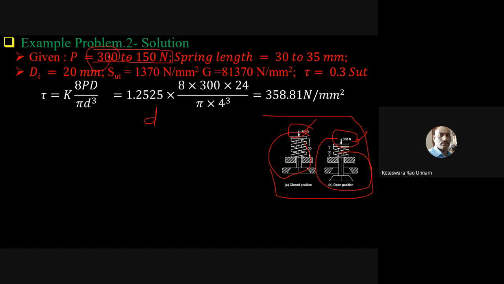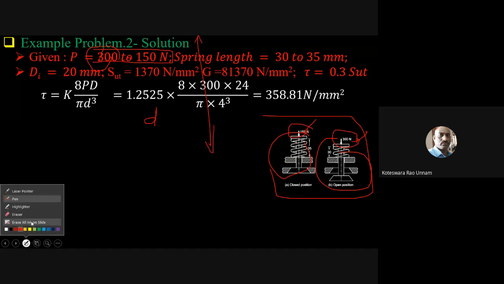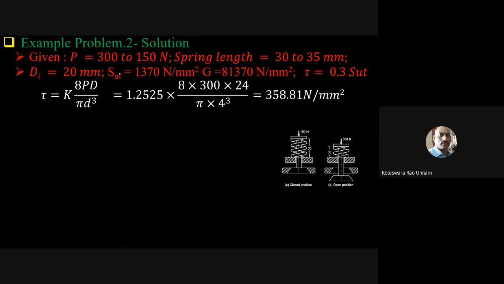As I mentioned at the beginning of this topic, the design is based only on the static load, and the wire diameter is calculated for that. So I can use the static design procedure only. But after designing the spring, I need to check whether, because of this fluctuating load, the factor of safety is more than 1 or not. I need to verify whether the spring can withstand this fluctuating load or not.